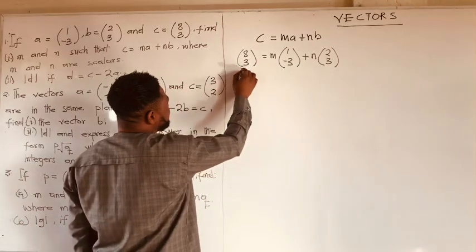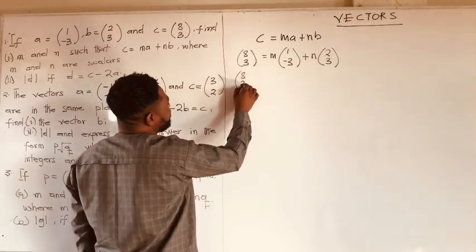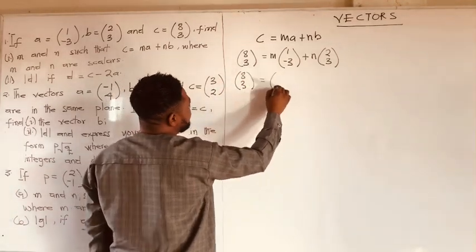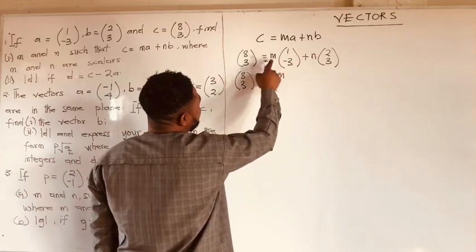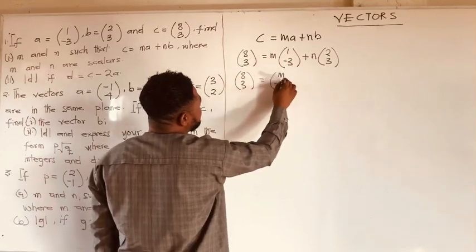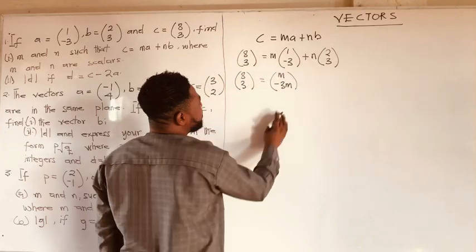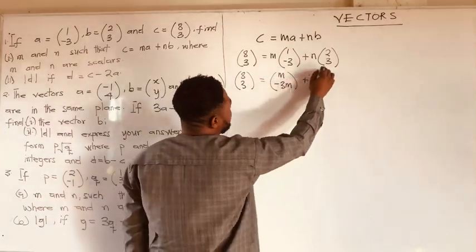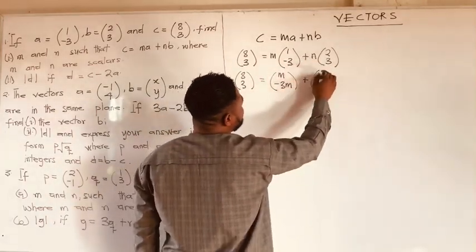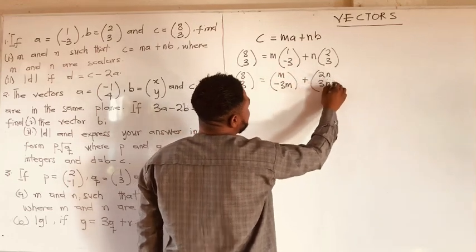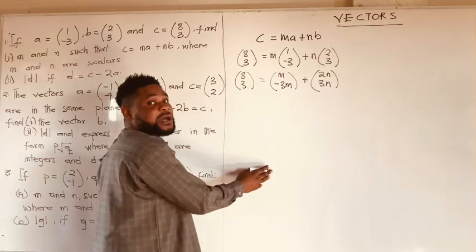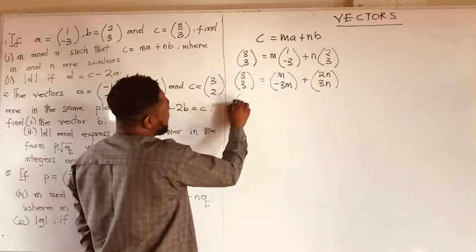So now let us multiply and see what we are going to get. 1 times M, or M times 1, is M. M times negative 3 is negative 3M. Plus N times 2 will give us 2N, and this times this will give us 3N. All right.